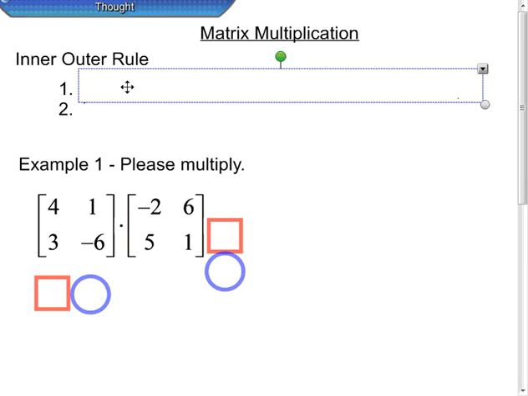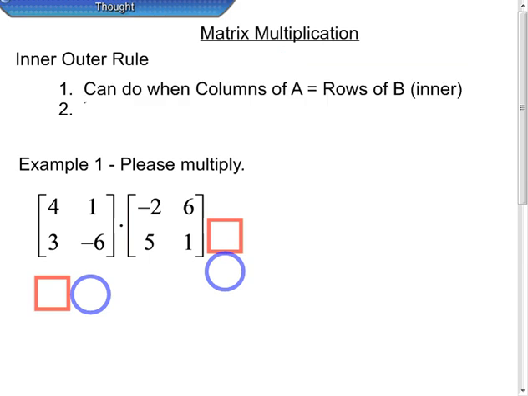Okay, the inner-outer rule works like this. It's very wordy to start out, but when I draw the little organizer for it, all the words seem to disappear, and the efficiency of the organizer kind of kicks in and takes over. So let's see. The first part of it is you can do the multiplication when the number of columns of A is equal to the number of rows of B. This is what we call the inner part of the rule.